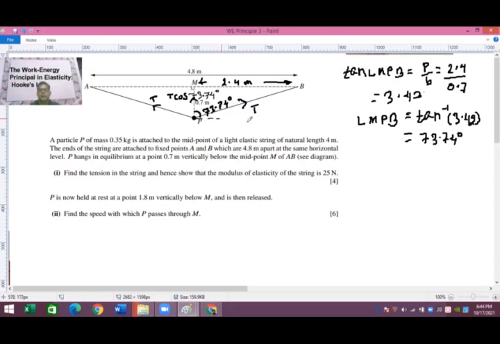Another component will be perpendicular to this, and that is going to be T sine 73.74 degrees.